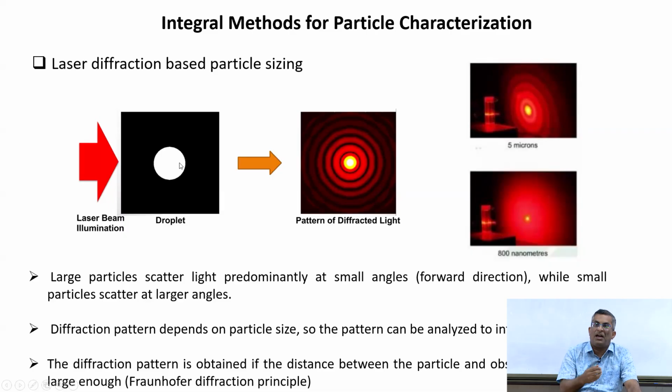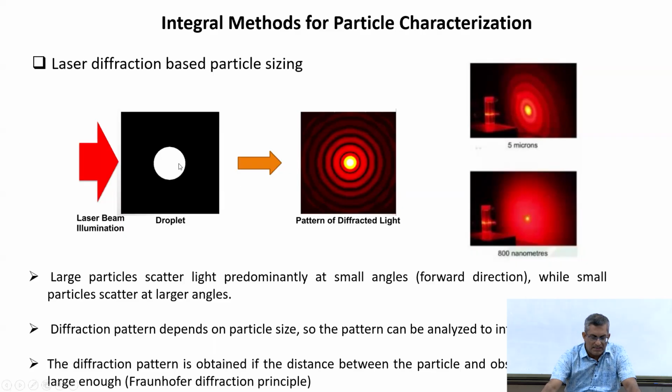The same phenomenon happens in the case where we send light through a small aperture. You would have encountered this earlier in Young's double slit experiment. You create a very small slit or an aperture and allow light to pass through it. Then you see an interference pattern if you image this far away from the slit or the aperture. This is called diffraction of light.